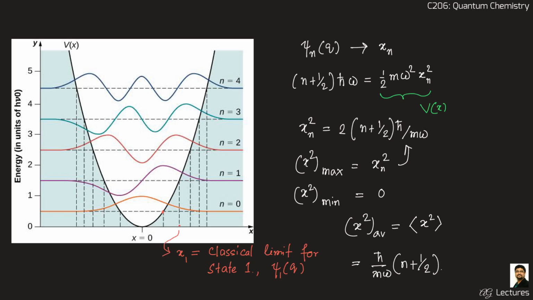This point is x₁, because it corresponds to n = 1, and therefore this is the classical limit for ψ₁, and therefore this point is x₁. I hope this doesn't create any confusion. Okay, now let's go to the next job.